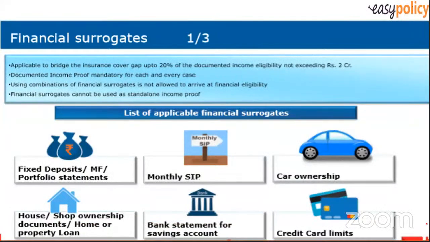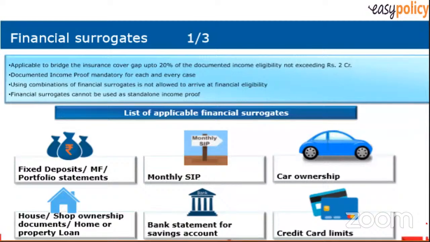Again, they can consider financial surrogates also, but that has to be to bridge the gap, and it can be considered maximum up to 20% of standard income proof. So: fixed deposit, mutual fund, your portfolio, monthly SIP, car ownership, credit card limits, home loans, or property.